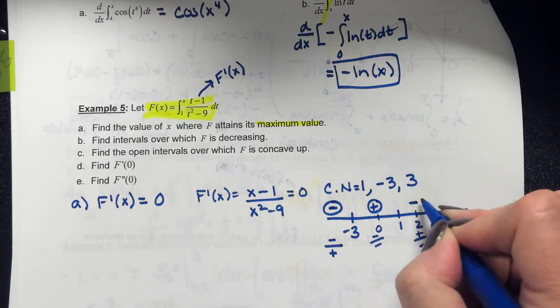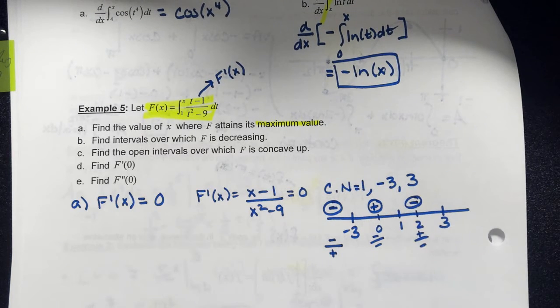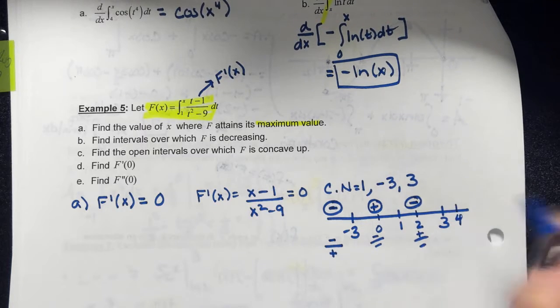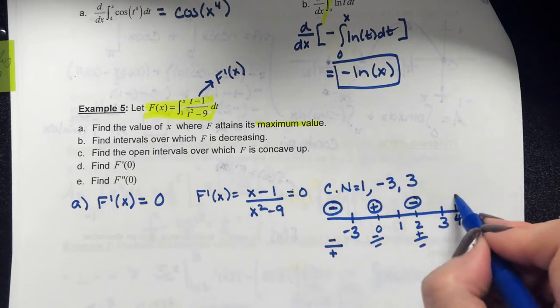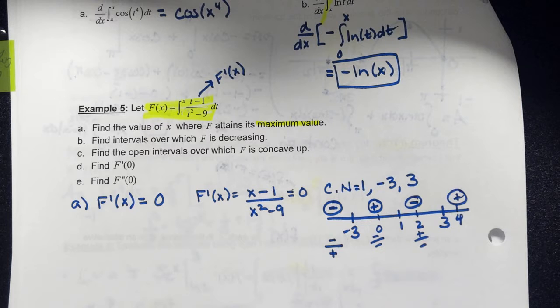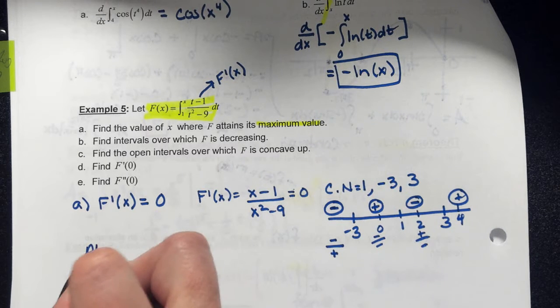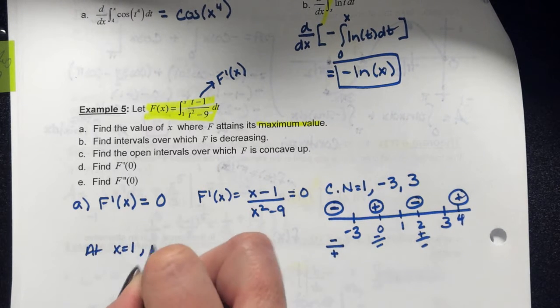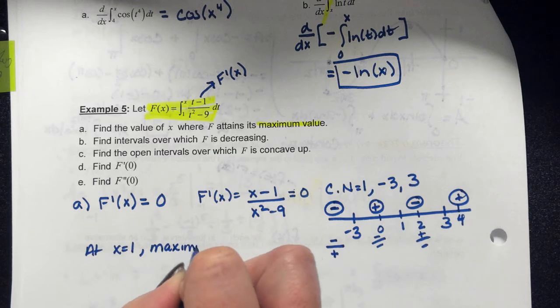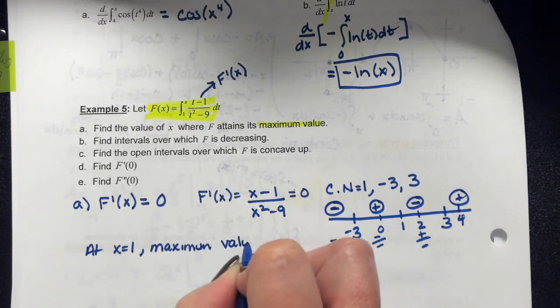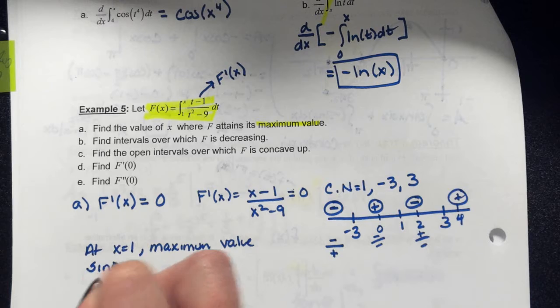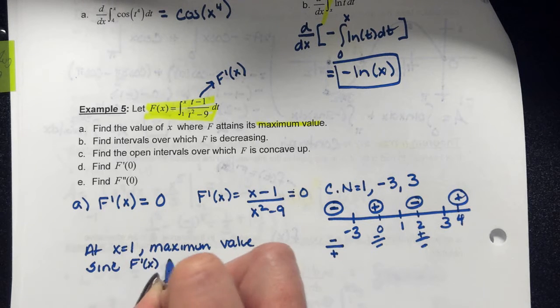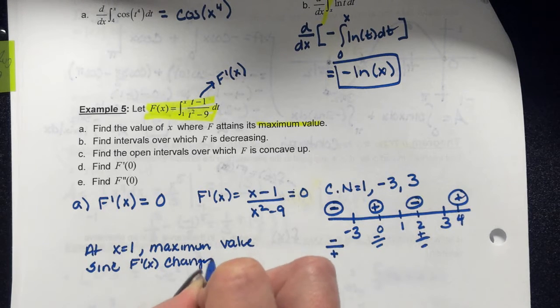So I know between 1 and 3 is a negative. And when I plug in 4, 4 minus 1 is positive. So where is my maximum value going to be? At x equals what? 1. So I know at x equals 1, it attains a maximum value, since f prime of x changes from a positive to a negative.